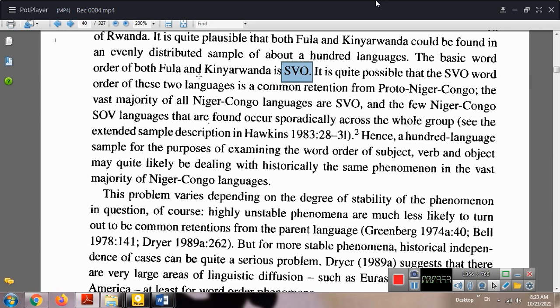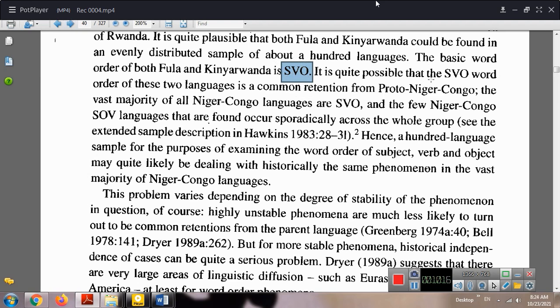It means that in these two languages, the common order is in this way: the subject comes first, then the verb, and then the object, like English, dear student. And we call it SVO, subject, verb, object order.